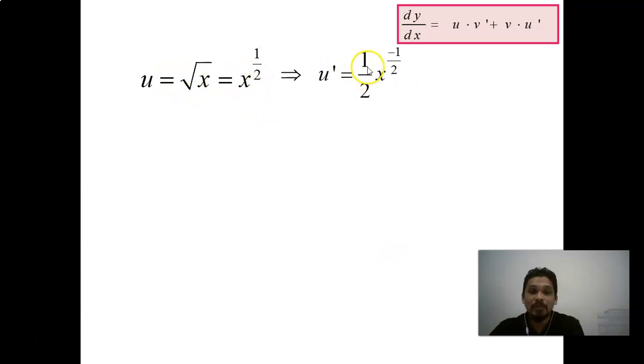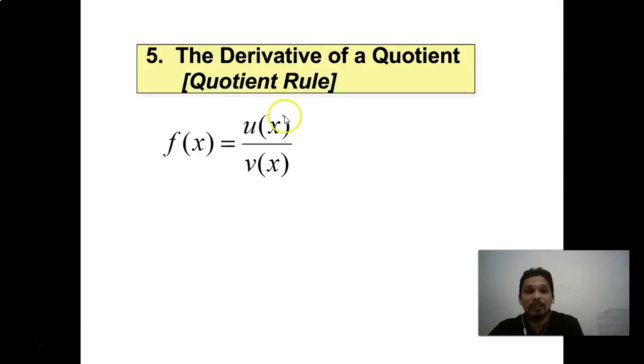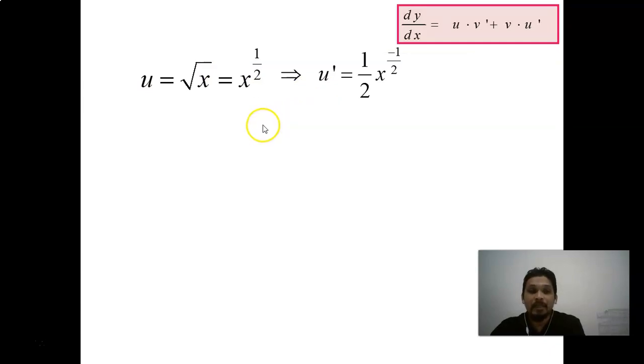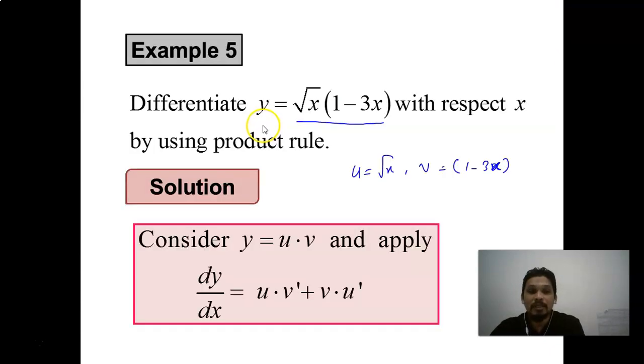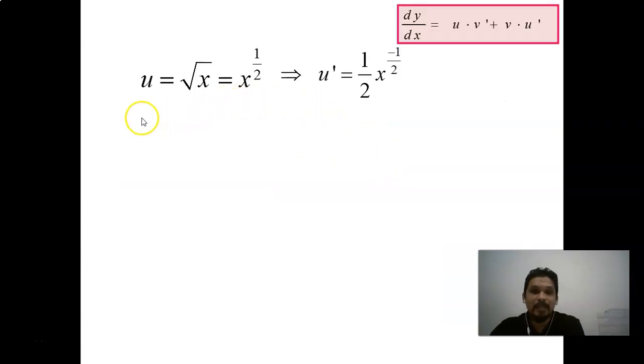Then u prime equals half x to the power of half minus 1, equals negative half. And v equals 1 minus 3x. So then v prime equals, differentiate 1, 0, differentiate negative 3x, negative 3.